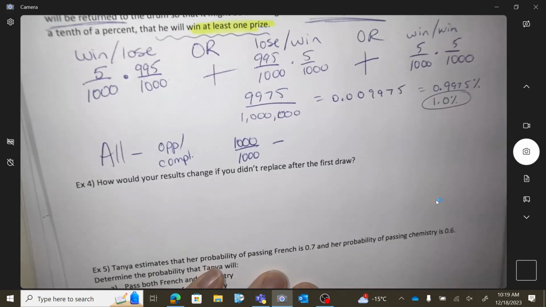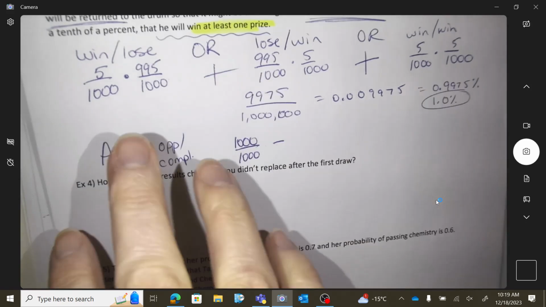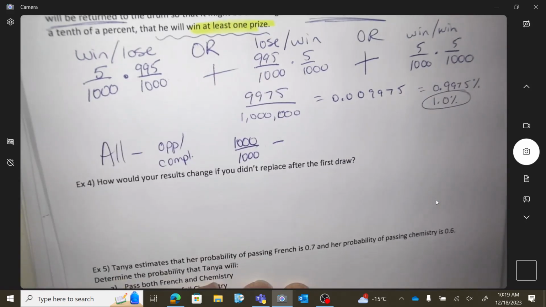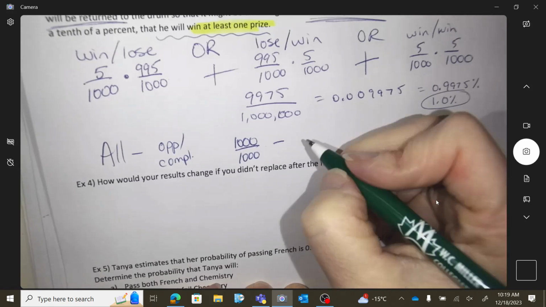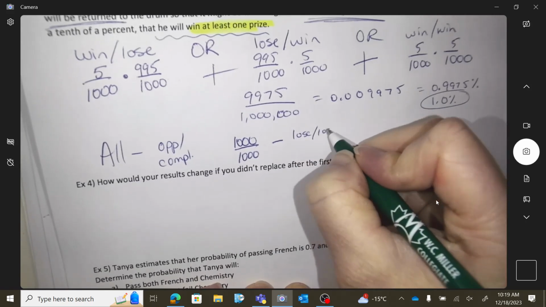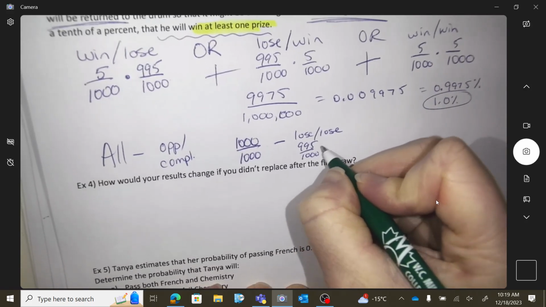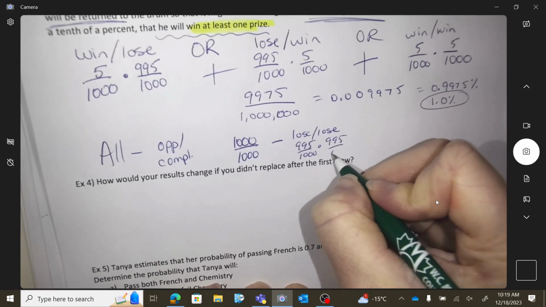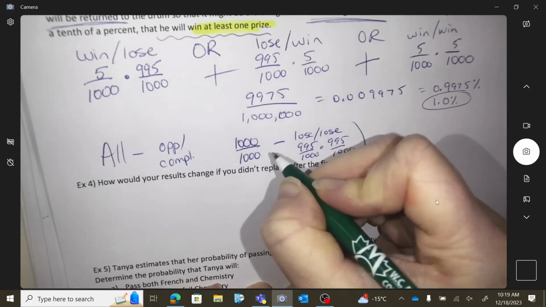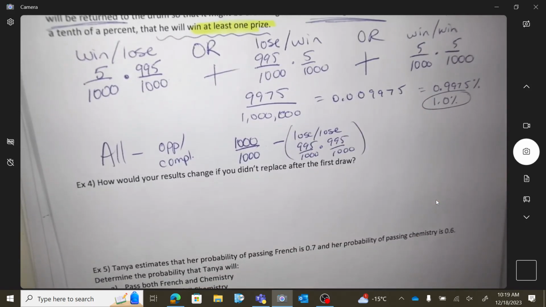Minus, so what's the opposite of having these situations? What's the only other event that could have been possible? A lose, lose. Okay, and then you should get to the same number.